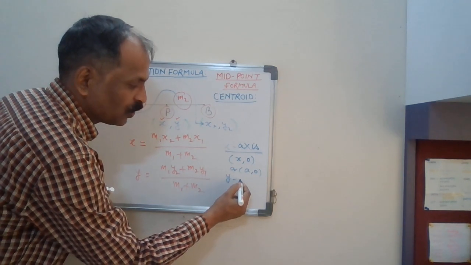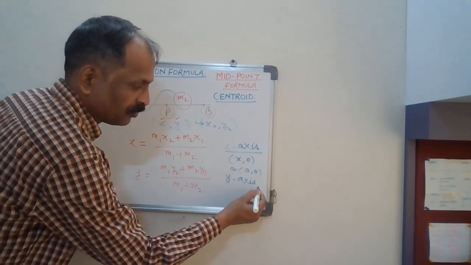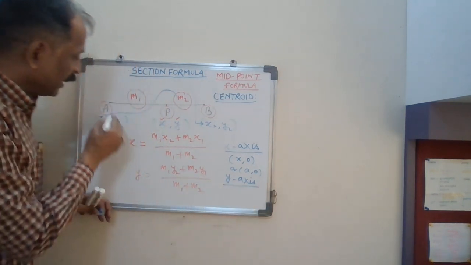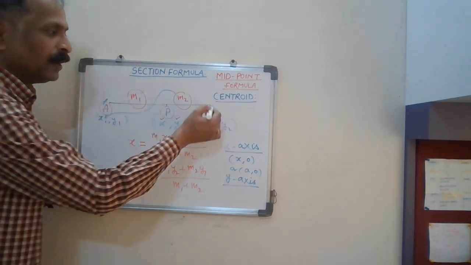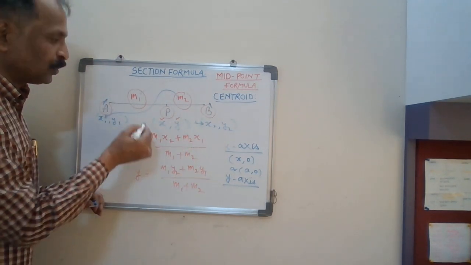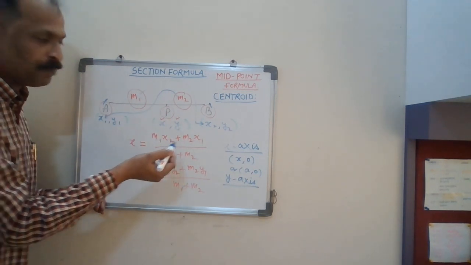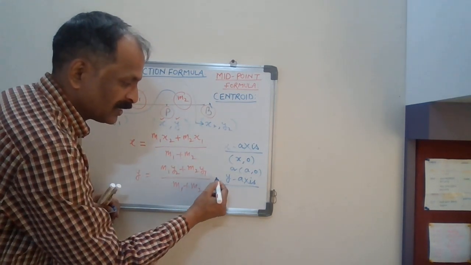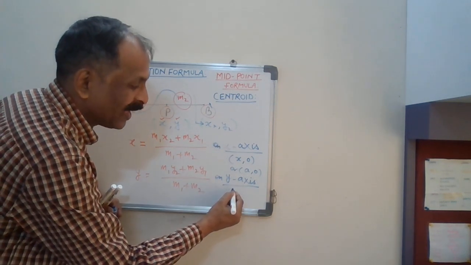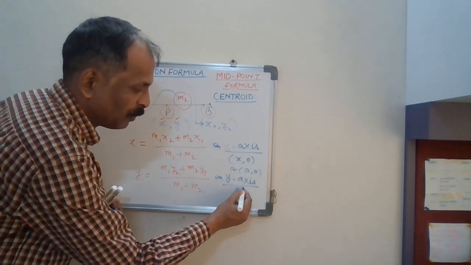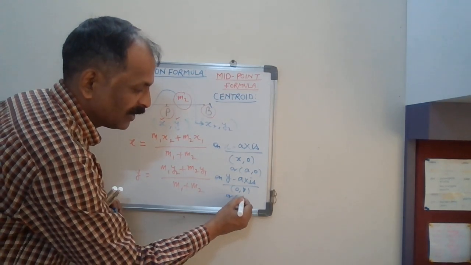When a point lies on the y-axis, any point may lie, suppose A may lie on the y-axis, then x will be 0. B may lie on the y-axis, then x will be 0. P may also lie on the x-axis. So when they say on the y-axis, your x will be 0. So it will be 0 comma y, or you can write 0 comma b.